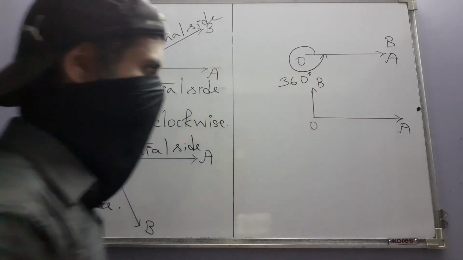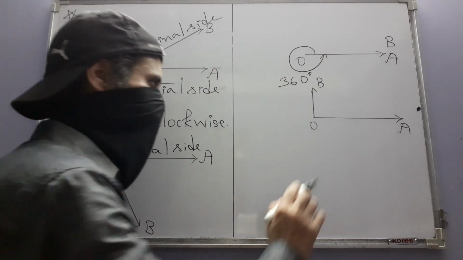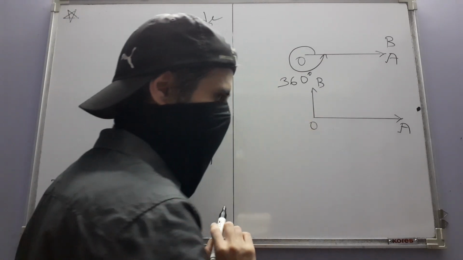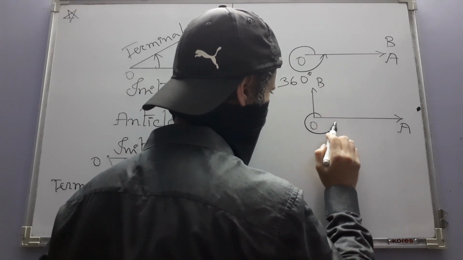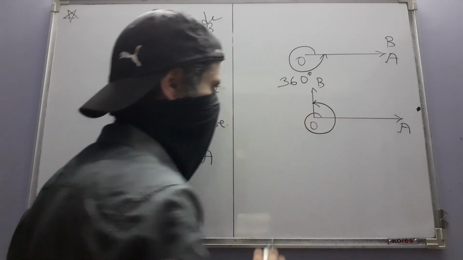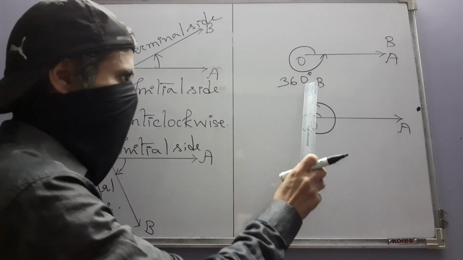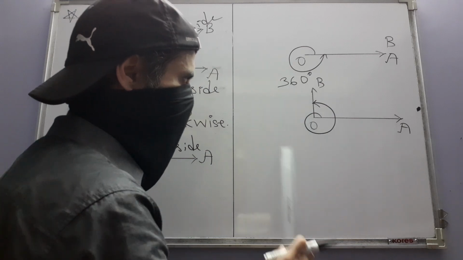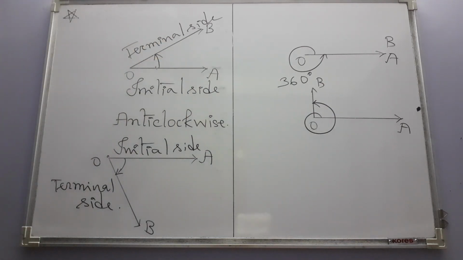This is as usual the initial side, that is the terminal side, but the rotation involved here is not merely this, but this. That can happen. This rotating ray has gone through one complete revolution and then another rotation. That can happen. Okay, that is also a legitimate rotation.